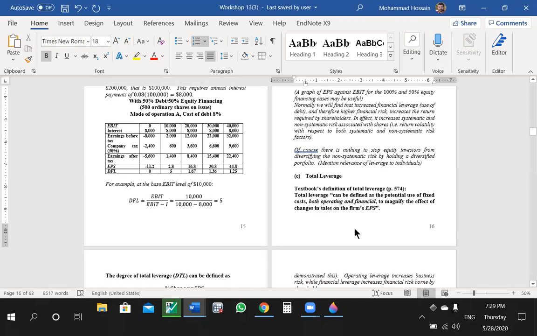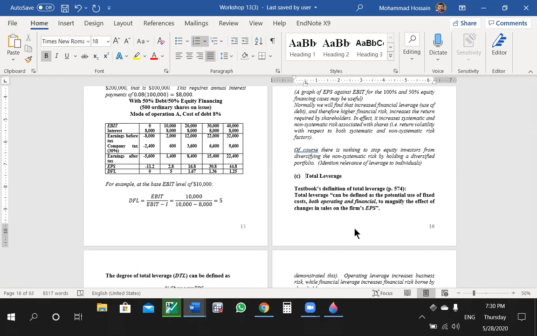Total leverage is actually, they multiply these two. Which two? DOL multiplied by DFL. What is DOL? Degree of operating leverage, and DFL, degree of financial leverage.